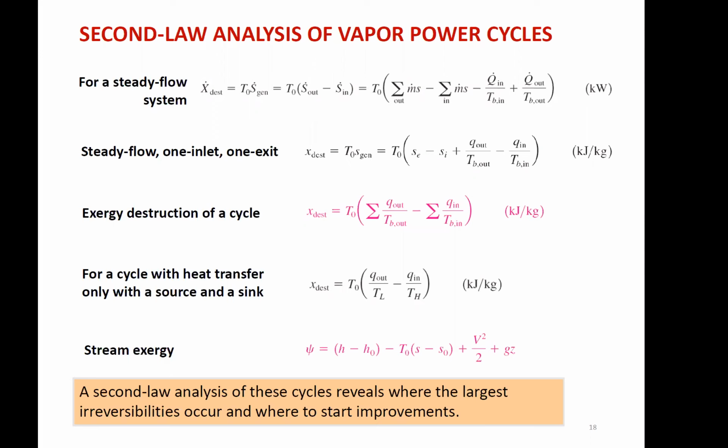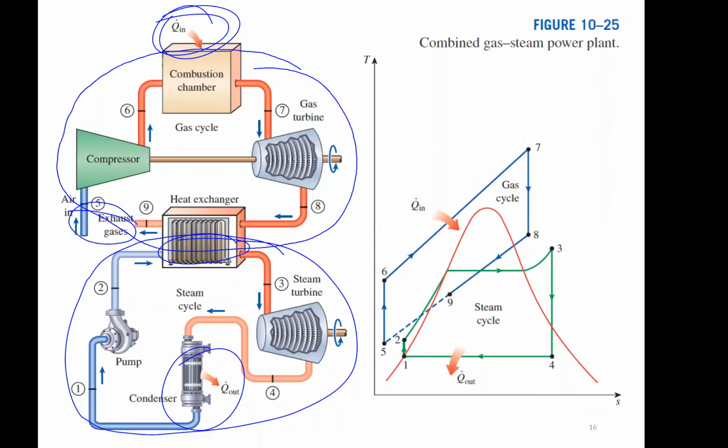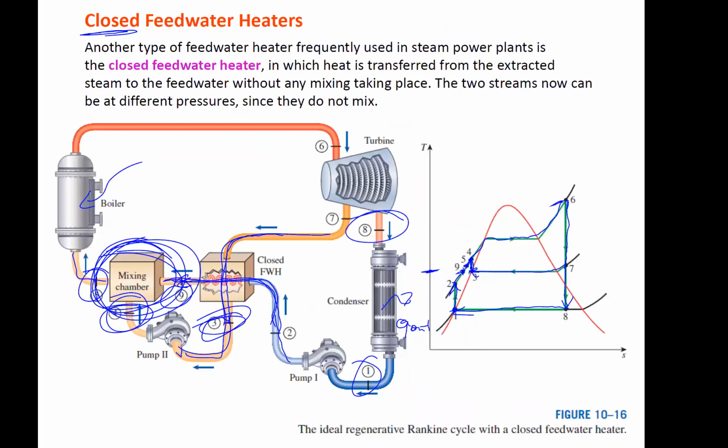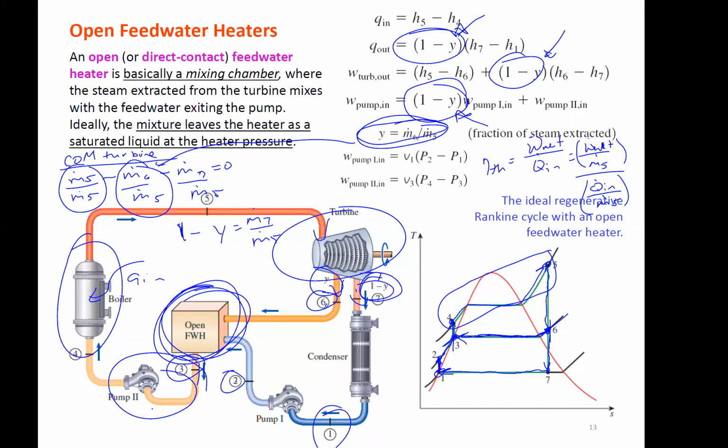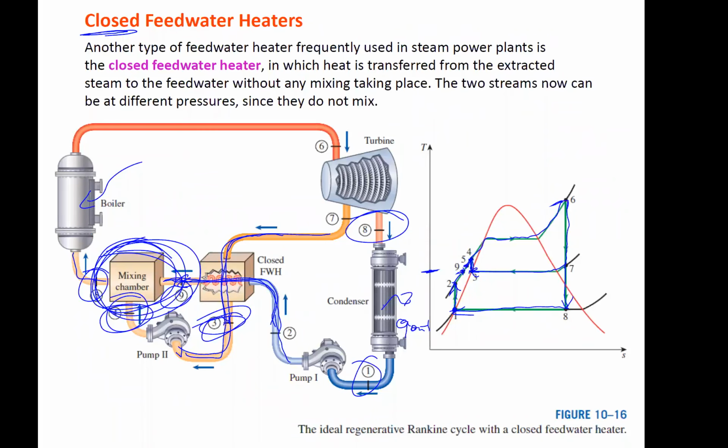Good question, Professor. For the closed feed water system, how does the mass flow rate work there? Is it just consistent up until the mixing chamber? So it's the same big idea as the open. So this has y here, and this has 1 minus y, because we're splitting this mass of 1, the total mass here, and we're splitting it here, right?